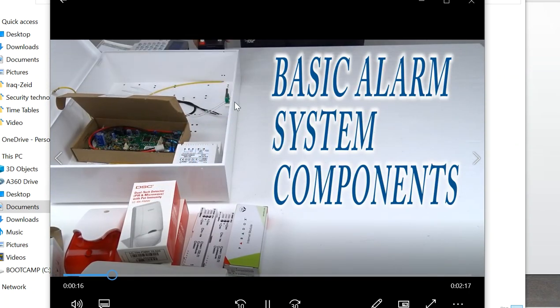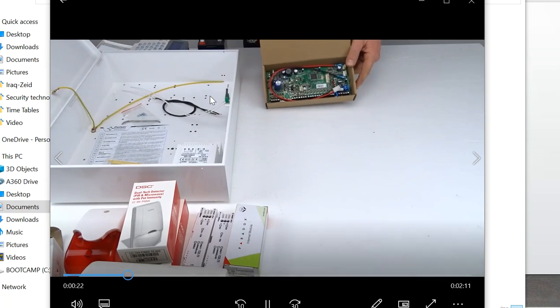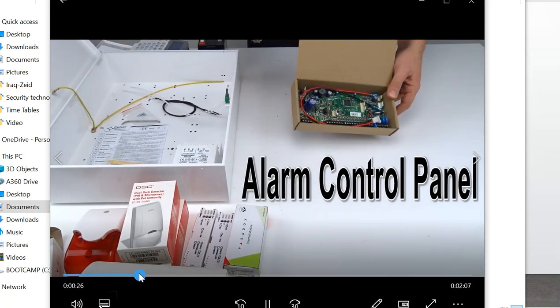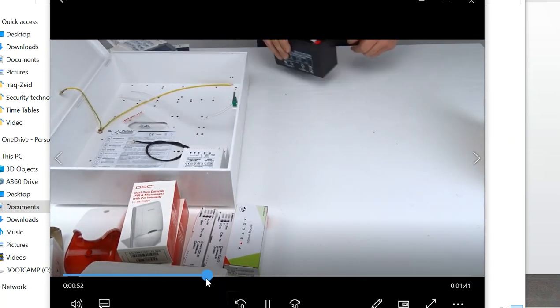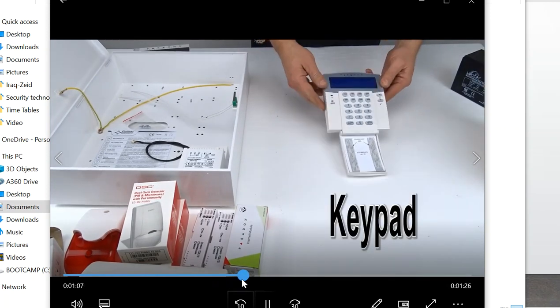We need a battery to supply the system in case of loss of power. Of course we need the box, the power supply unit, the battery, and the coding panel most of the time.